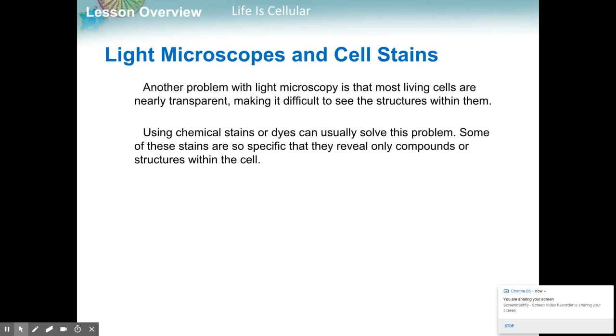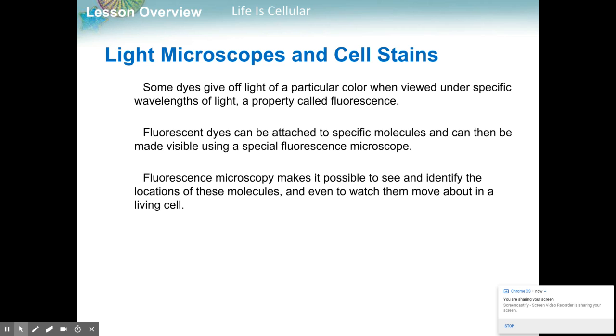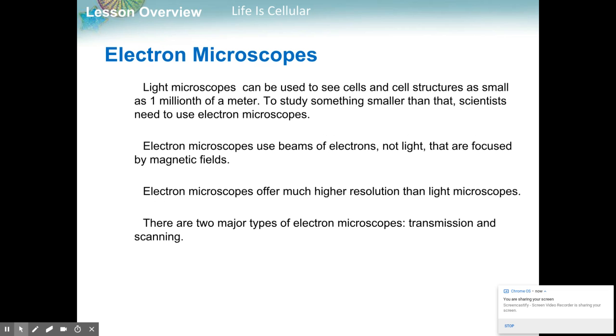Most of these stains are so specific that they will reveal only certain compounds or structures within the cell. So if we're trying to determine if you have a bacterial infection, we have stains that are specific to a very small number of bacteria. Some dyes will give off light when viewed under a black light. Fluorescent dyes can be used, and we can actually use these fluorescent dyes and watch how things move throughout organisms.